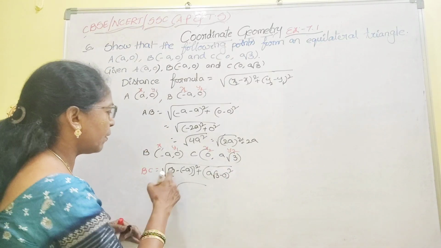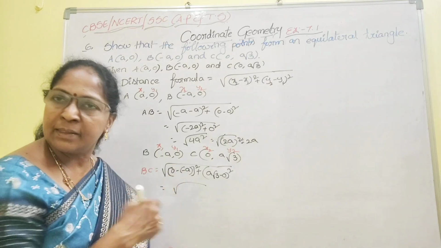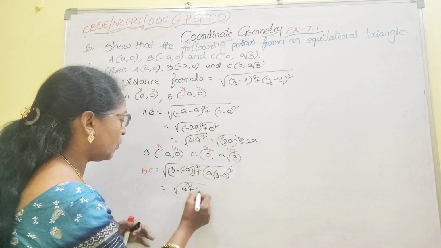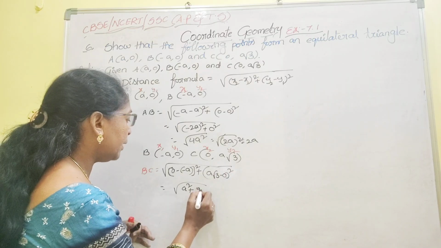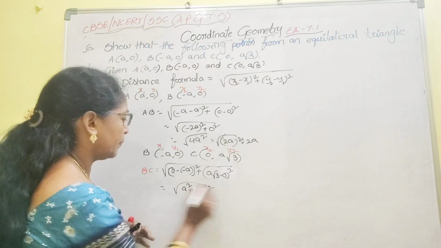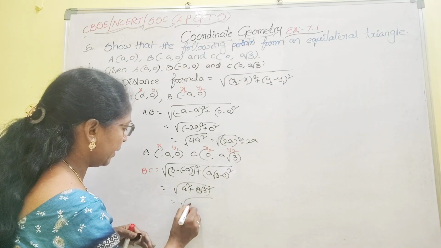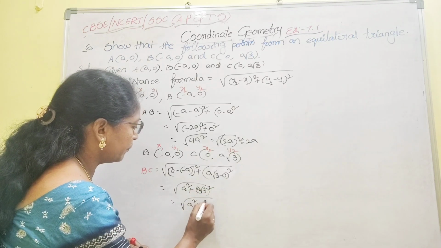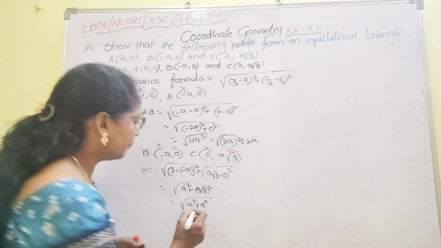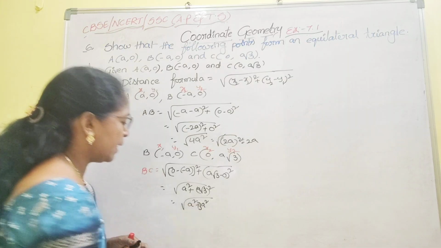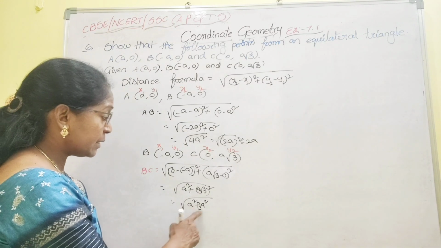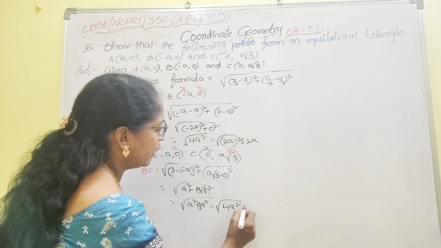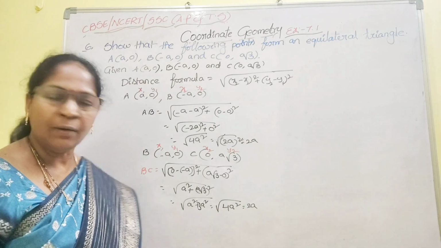That equal to square root of minus into minus plus a square plus a root 3 whole square. A root 3 whole square means a square into root 3 whole square equal to 3. So a square plus 3a square, this value equal to square root of 4a square, square root of 4a square equal to 2a.